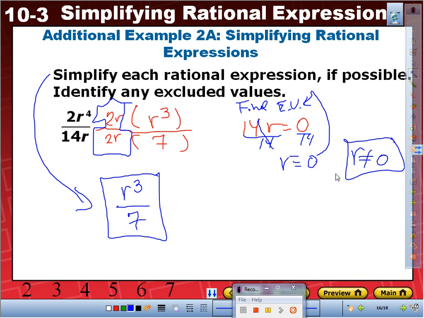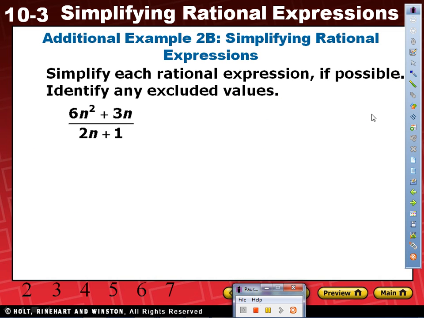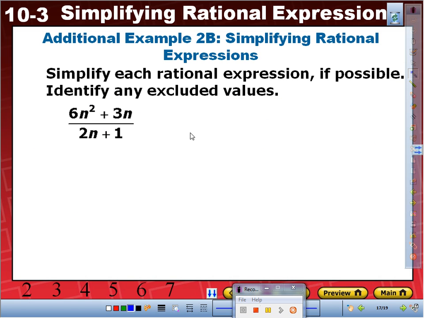Are we there so far? Okay. Let's do another one. Copy this next one down, please. Example 2B, same thing. We're going to simplify and identify excluded values. So the first thing we do is identify the EV. So I'm going to write 2n plus 1 equal to 0, and let's solve.